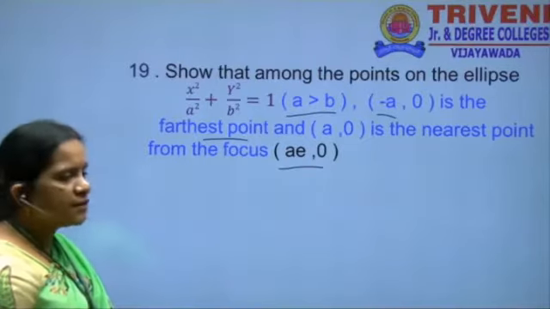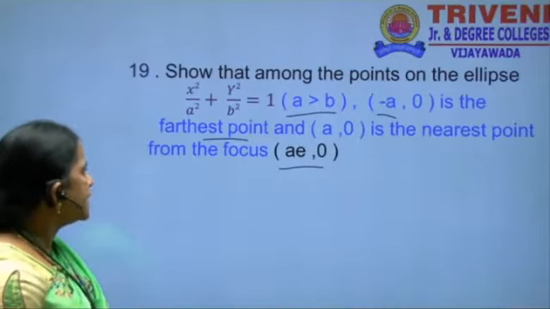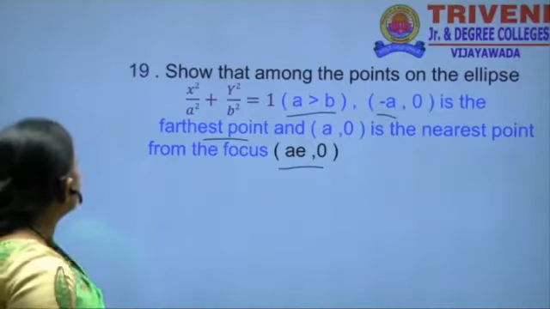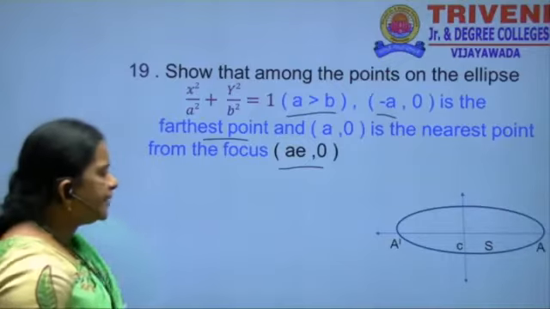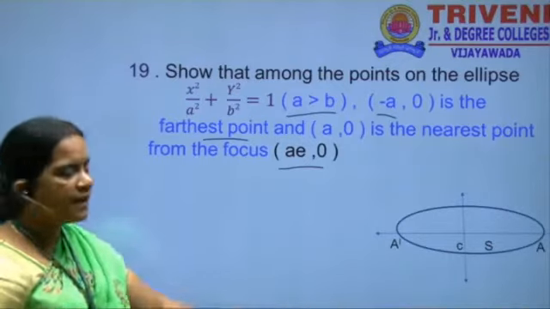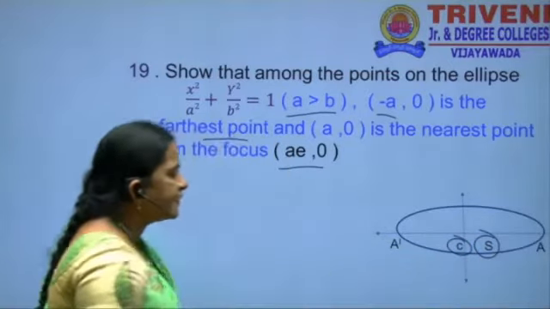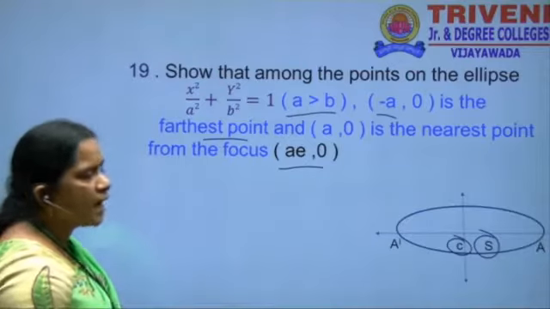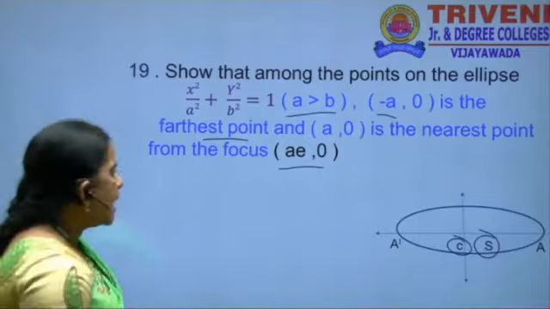Minus a comma 0 is the farthest point. a comma 0 is the nearest point from the focus ae comma 0. Here in the ellipse A and A dash are the vertices, S is the focus and C is the center of the ellipse. Then you have to find the points. We have the farthest point and the nearest point.